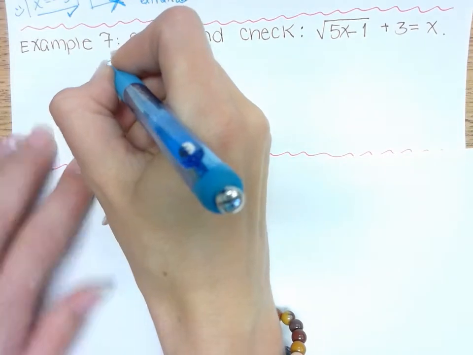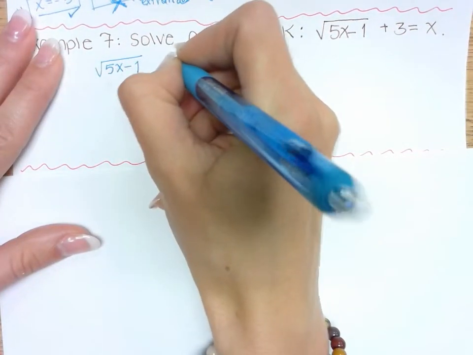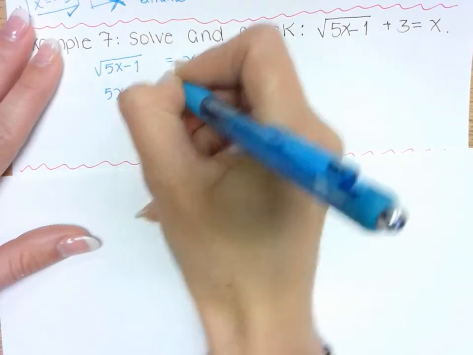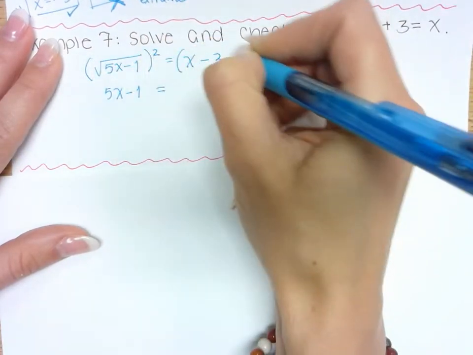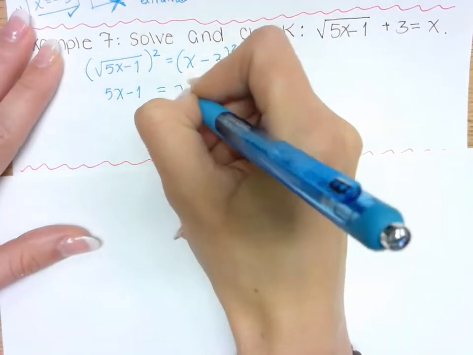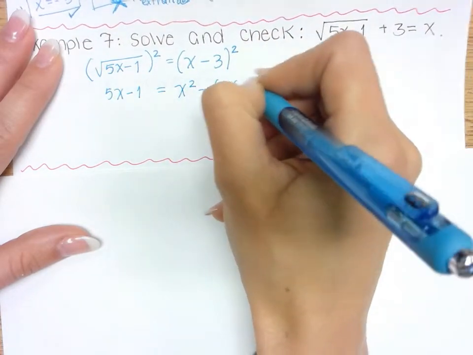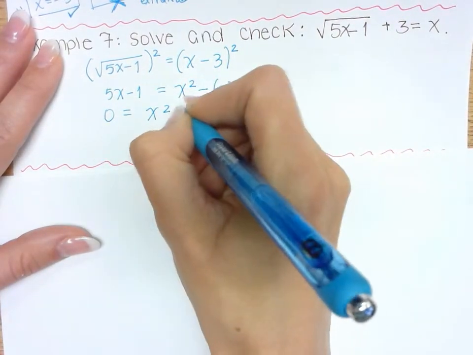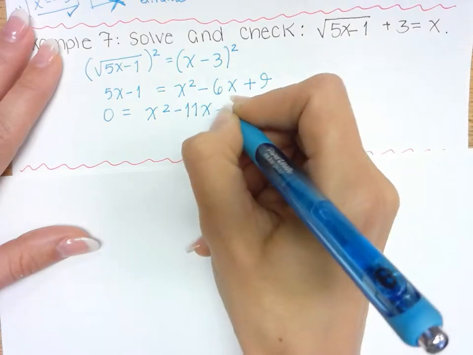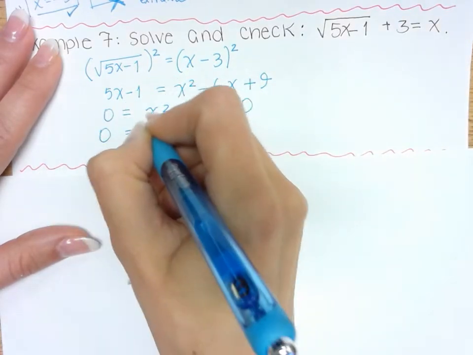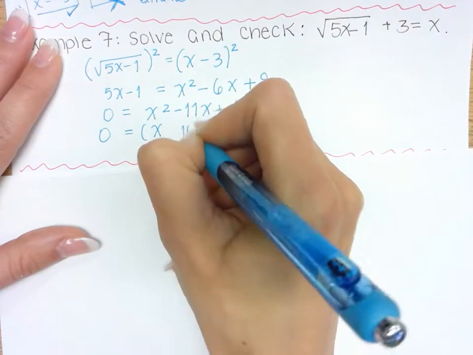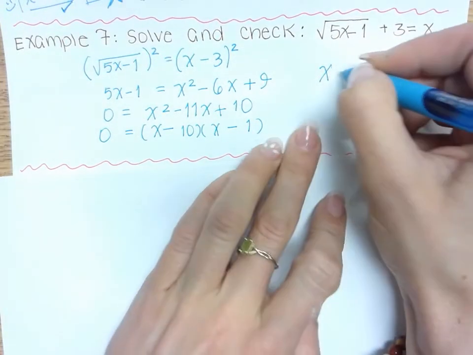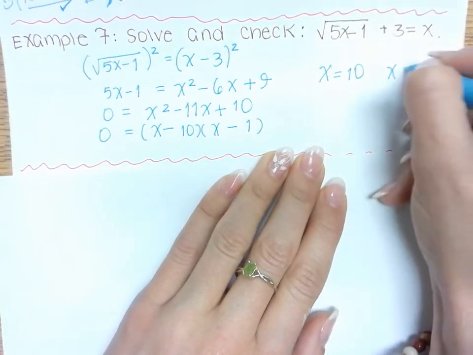Square root of 5x minus 1 equals x minus 3. 5x minus 1 equals, we're squaring both sides, x squared minus 6x plus 9. 0 equals x squared minus 11x plus 10. Factor: x equals 10, x equals 1.